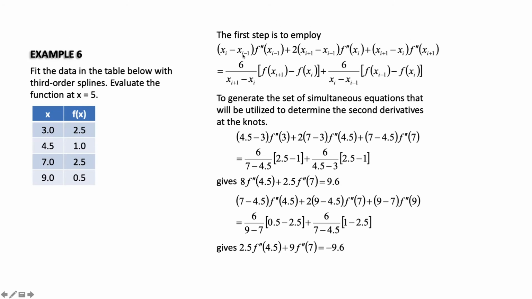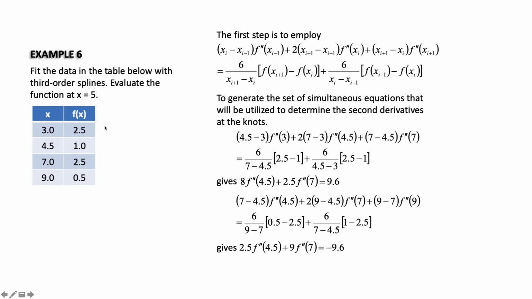So we have x1 minus x naught, f double prime of x naught, plus 2 times x2 minus x naught, f double prime of x1, plus x2 minus x1, f double prime of x2, is equal to 6 over x2 minus x1 times f of x2 minus f of x1, plus 6 over x1 minus x naught times f of x naught minus f of x1. In order to get f double prime here, we use these known values and plug them in here.